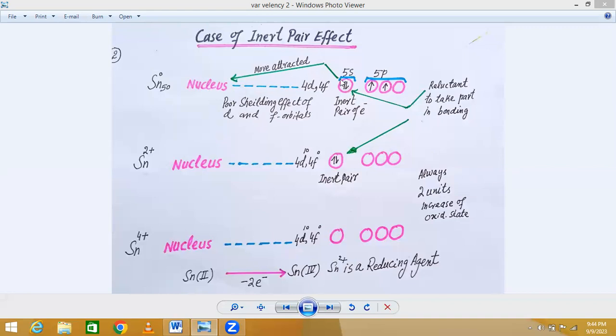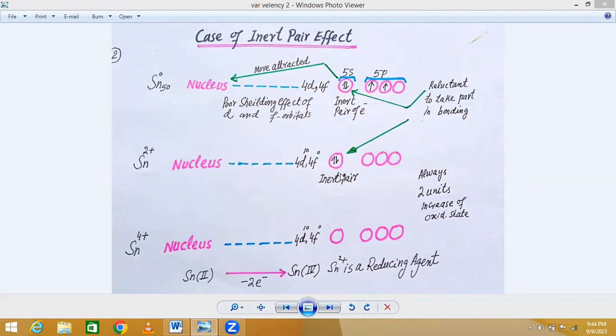So the electrons are attracted more toward the nucleus. That is why they show inertness in bonding and are reluctant to take part in bonding under the prevailing condition. So the electrons from 5p get lost, giving the tin 2 plus oxidation state.